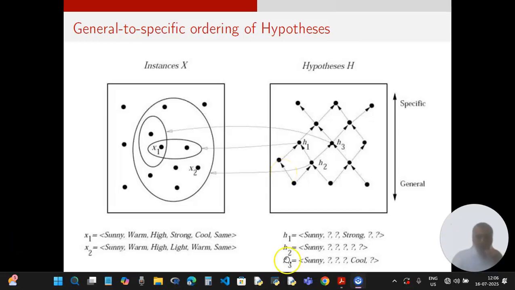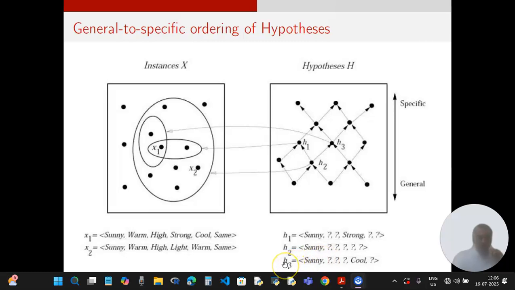Similarly, if we consider hypothesis H3, this is a condition saying that sky condition should be sunny and water condition should be warm. Remaining attributes can take any value.